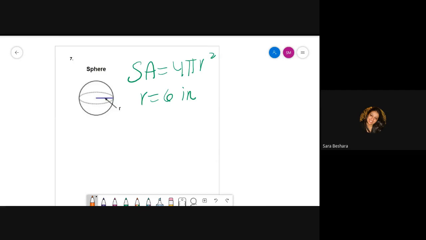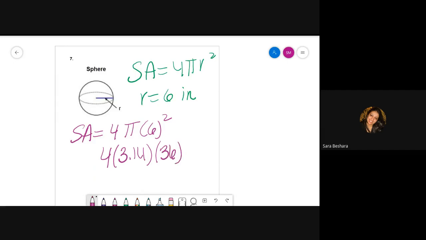It would be 4 pi, r is 6 squared. So it would be 4, 3.14, and then 6 squared is 36. Times 36, we get 452.16, and it is square inches.